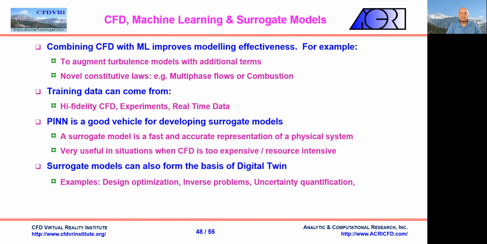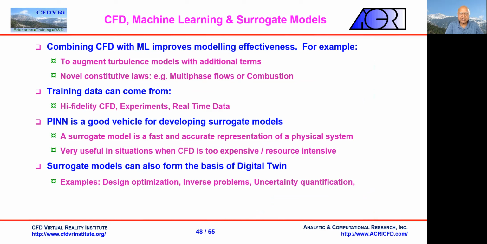So CFD, machine learning and surrogate models, is where the future is. So what happens is we combine CFD with machine learning, and it improves the modeling effectiveness. For example, we can use this to augment turbulence models with additional terms. We can use it to get new constitutive laws, new models for multi-phase flow or combustion. We can replace the laminar flamelet model with a better model from machine learning.